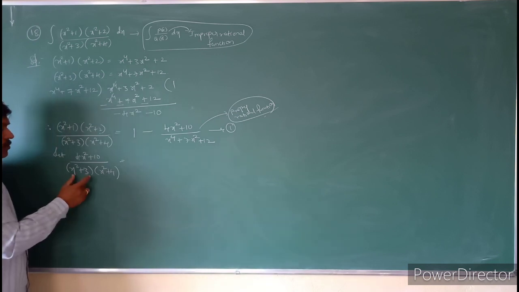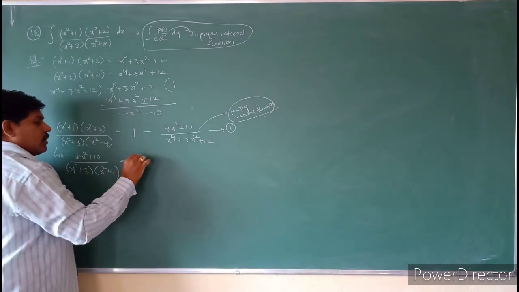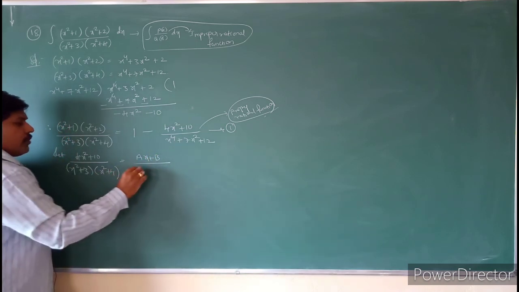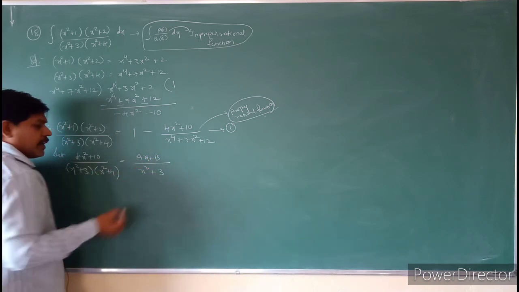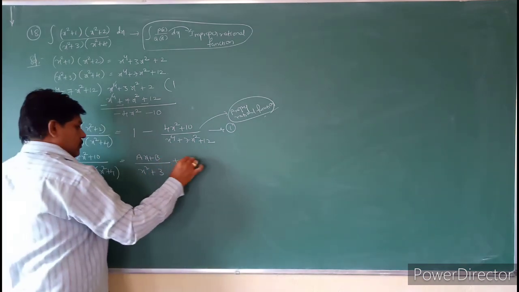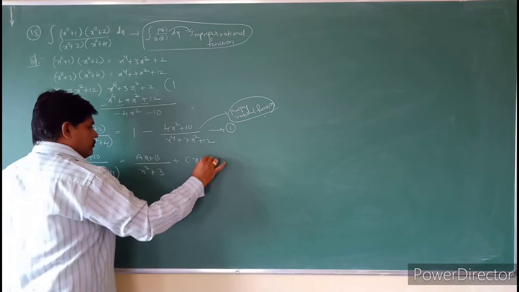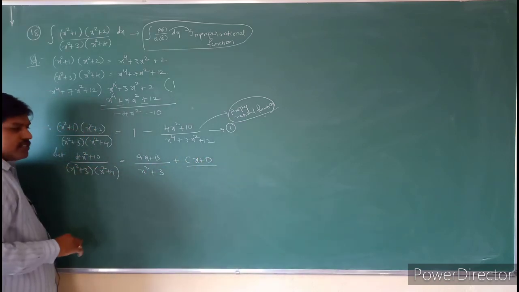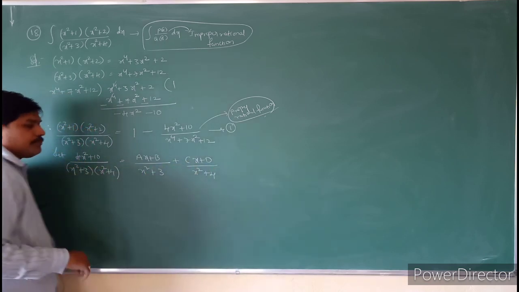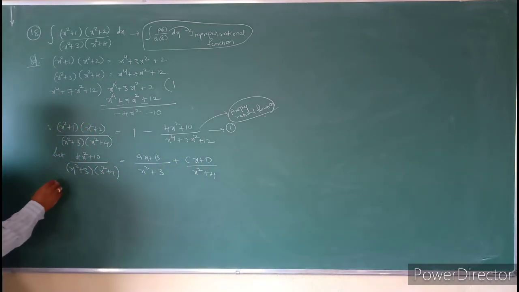So for this term you can write ax plus b by x square plus 3, and this cx plus d by x square plus 4.